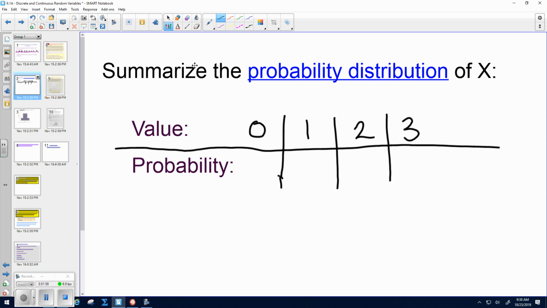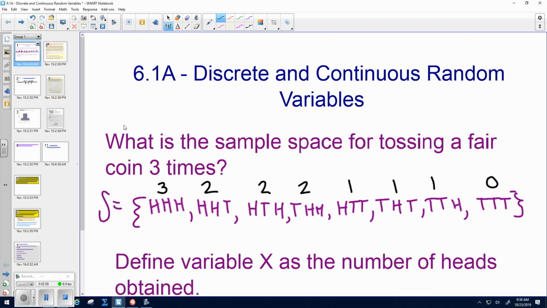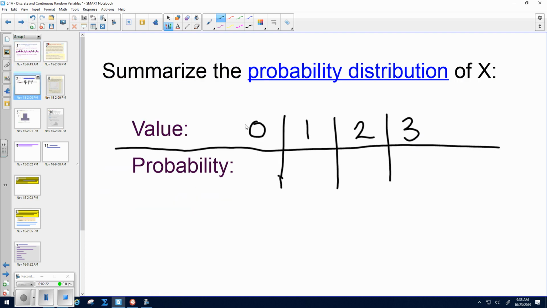What is the probability of getting no heads when you toss a coin 3 times? One out of 1, 2, 3, 4, 5, 6, 7, 8. Okay, 1 out of 8.